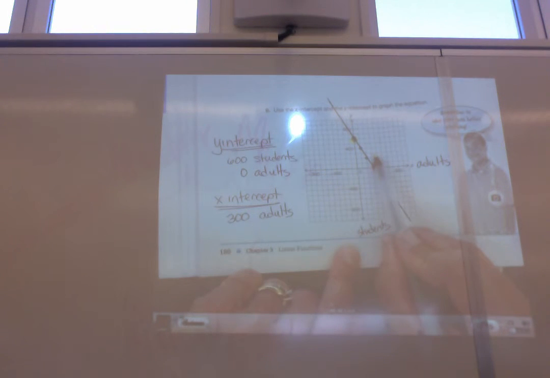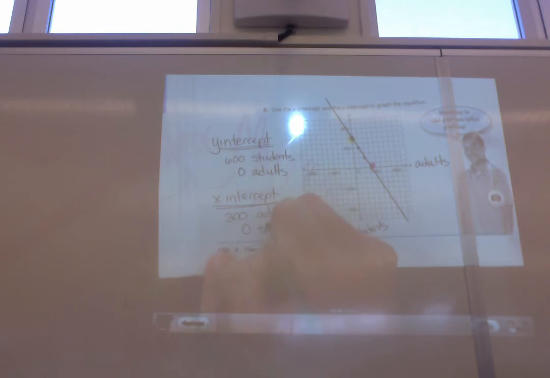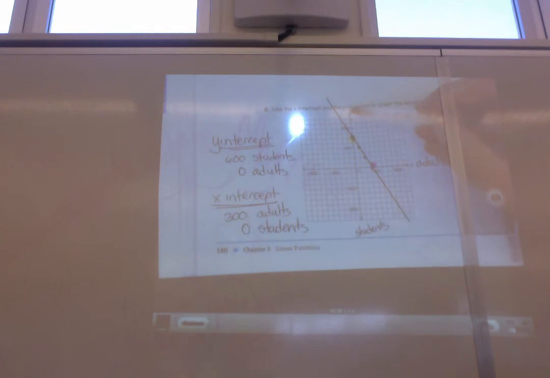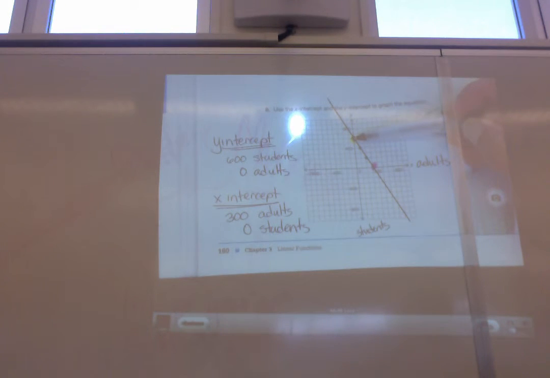We're not up, we're not down. If you look over at the up and down axis, we're right at 0, so 0 students. One thing to know about an intercept is that because it's where it crosses the axis, it's a value for one of your variables, but a 0 for the other.